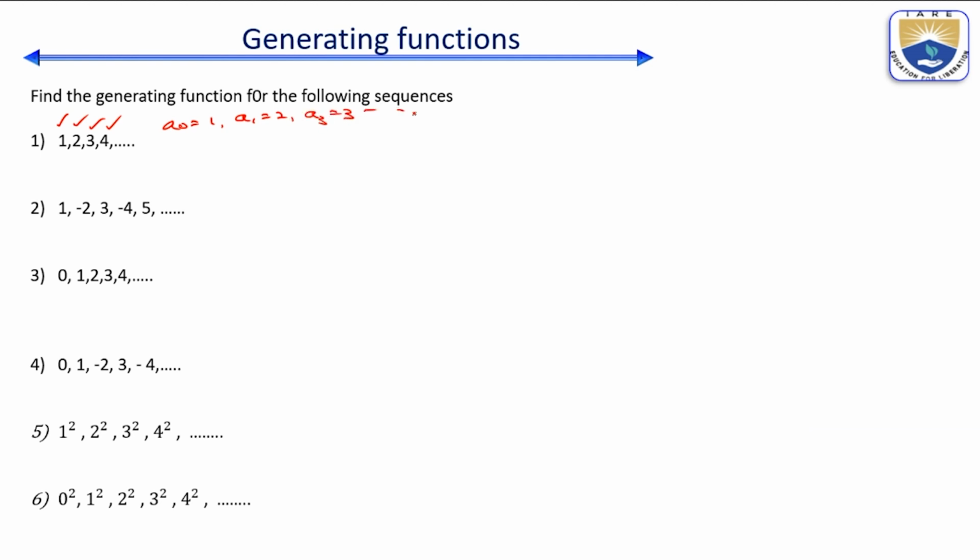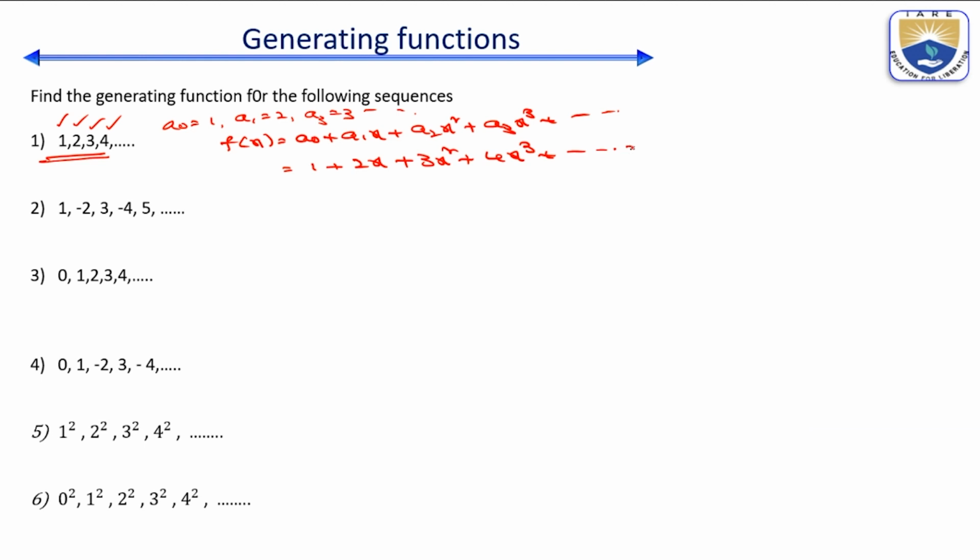Now f of x is A0 plus A1x plus A2x square plus A3x cube plus and so on, the generating function corresponding to the sequence. So here it is 1 plus 2x plus 3x square plus 4x cube plus and so on. So this is the generating function for this sequence.